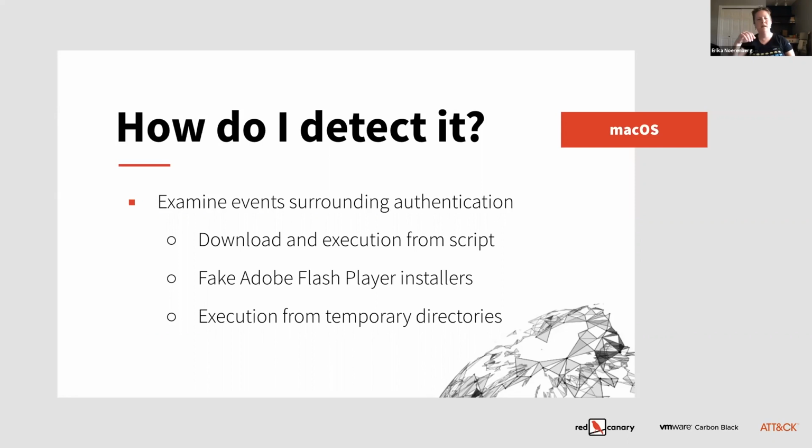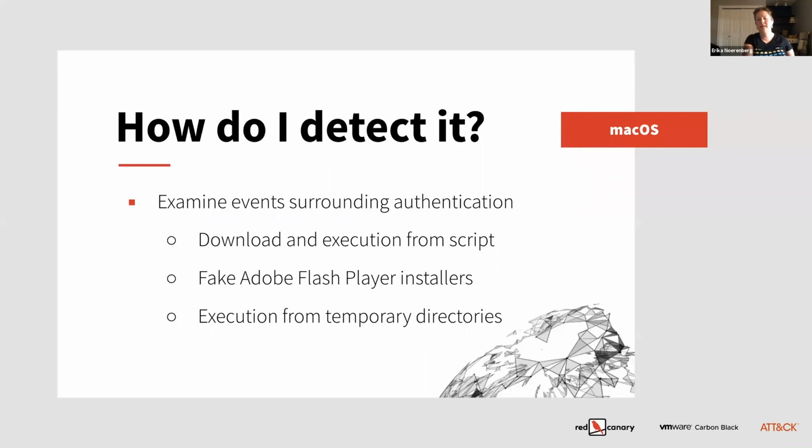So the last one is just execution from temporary directories. We see this a lot, especially even with the Flash Player installers. Instead of doing the initial execution from some other system directory or a user directory, it'll install, or the scripts, especially with scripts, are going to execute out of something like /tmp, because the attacker knows that any user on the system, whether they're an admin or not, is going to have read-write access to that temporary directory.